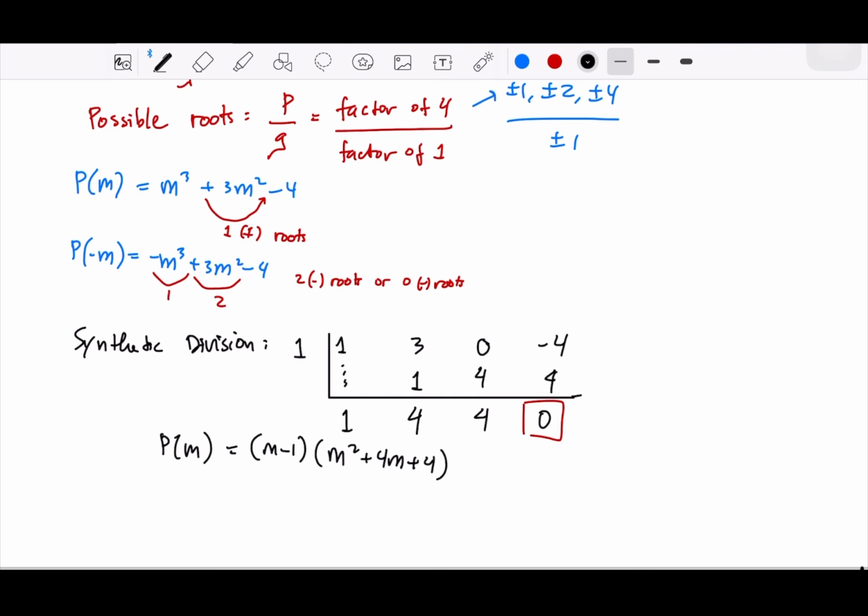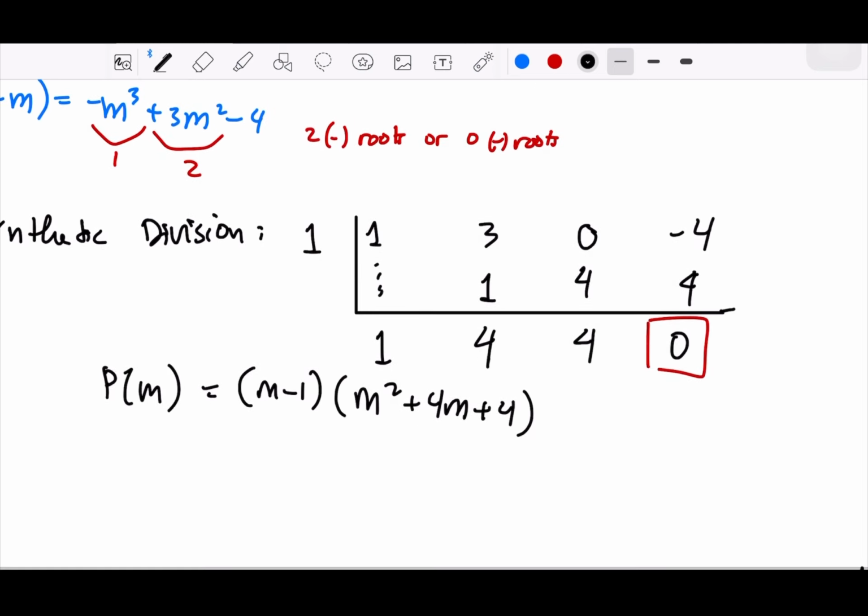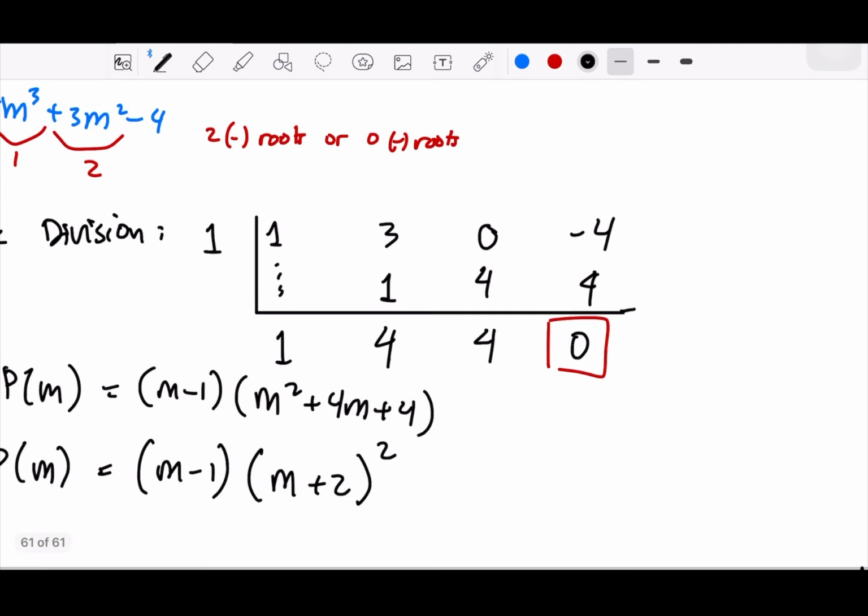So we have m minus 1 and then m plus 2 squared. Okay, so let me write here the conclusions.